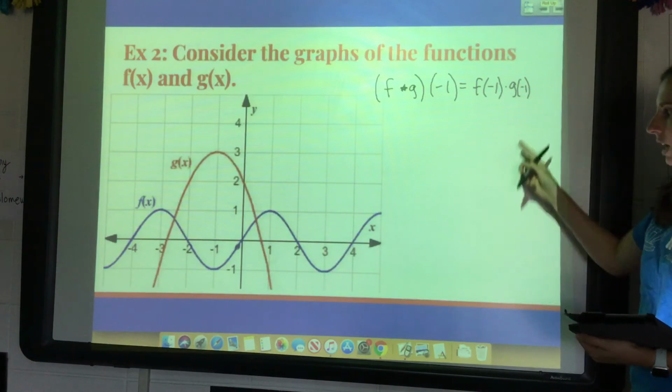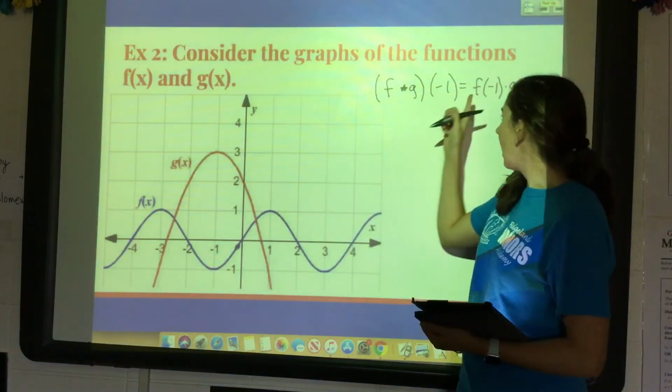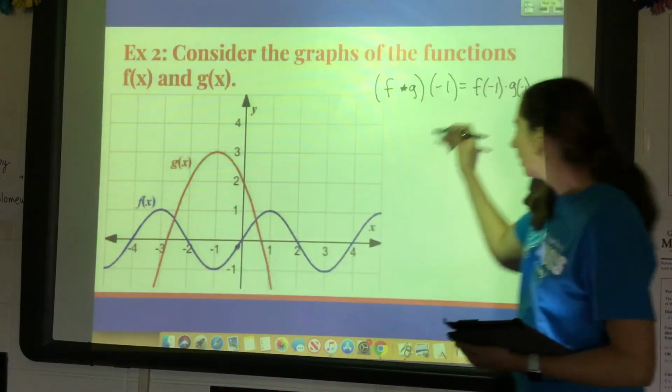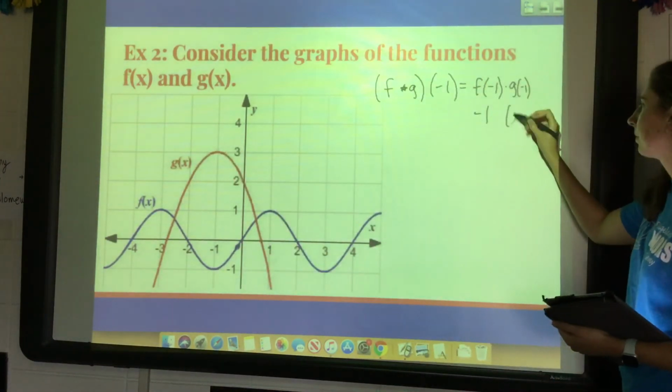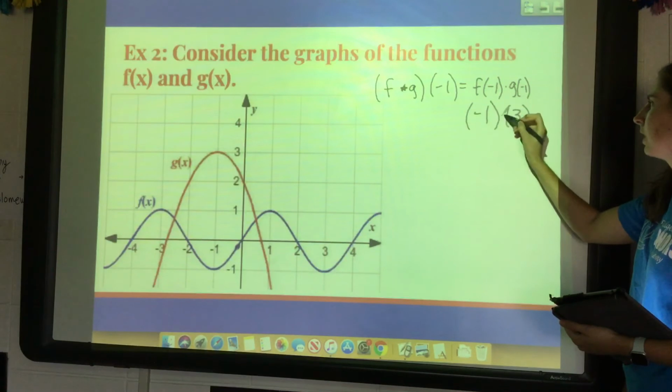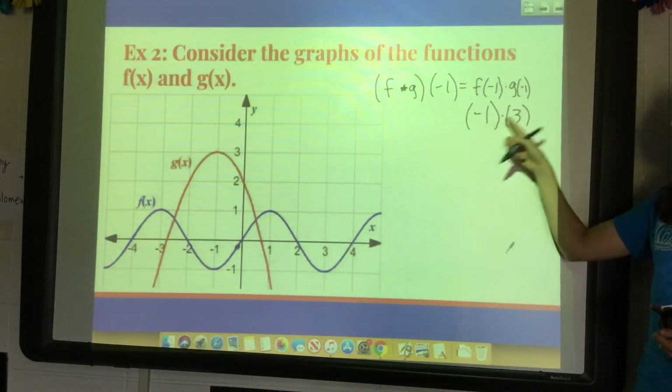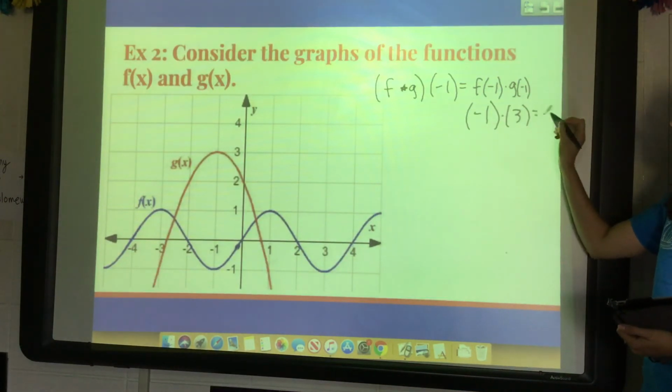So let's go find where they are at -1. f is at -1, g is at 3. Multiplying them together, -1 times 3 is -3.